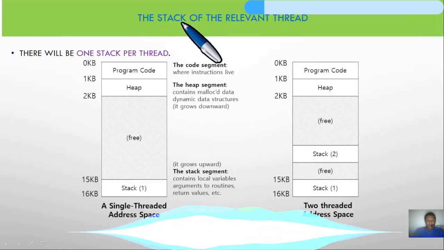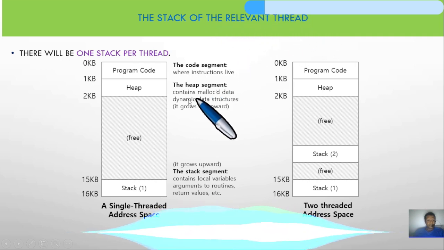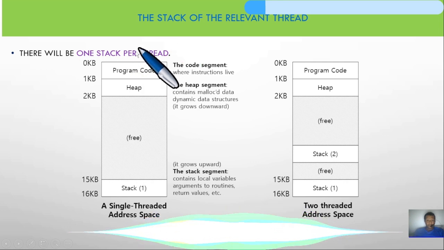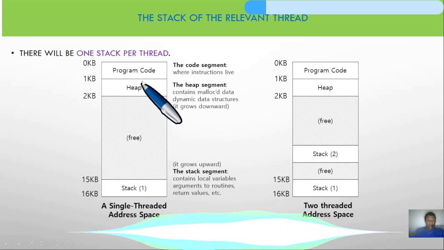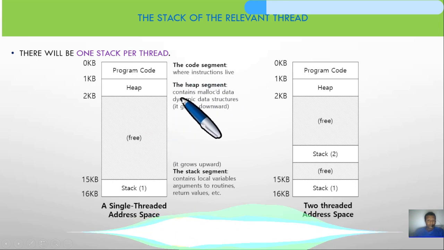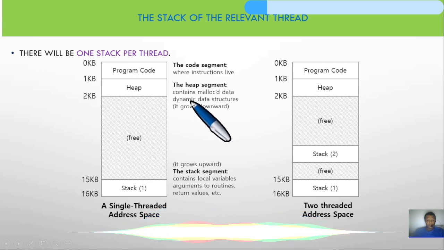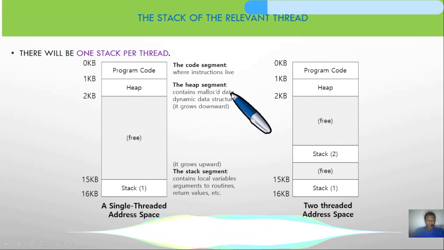And as you can see, there will be one stack per thread. If it is a single-threaded address space, as you know, we have the stack, the heap, and the program counter. The code segment is where instructions live, and the heap segment contains malloc, dynamic data structures, which we have seen in our previous chapters.